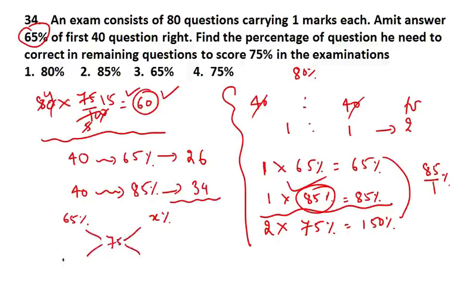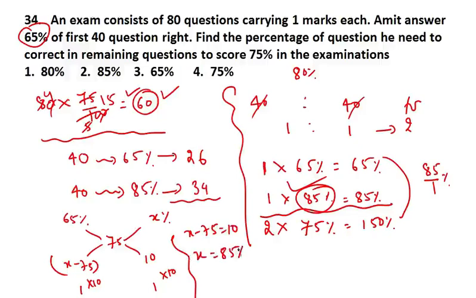So if you subtract, you get x minus 75 here, and you get 10 there. But this ratio is 40-40, which means 1:1. So this x minus 75 represents 10, so x will represent 85%.